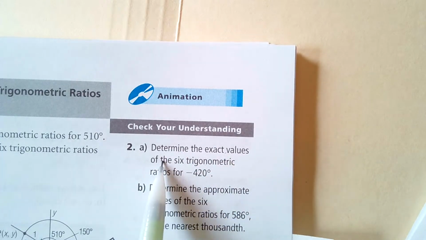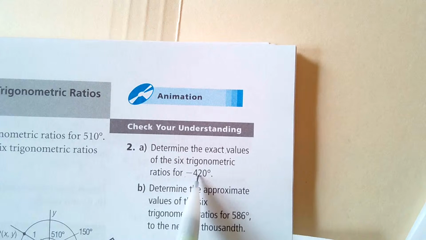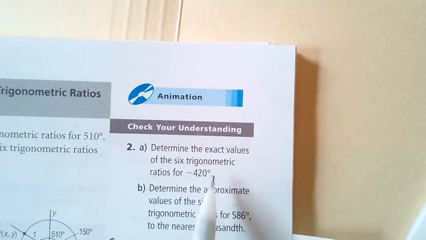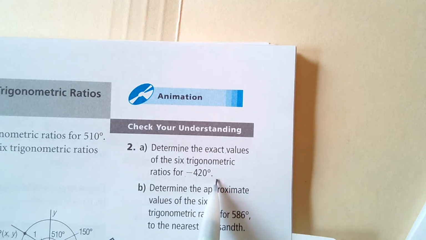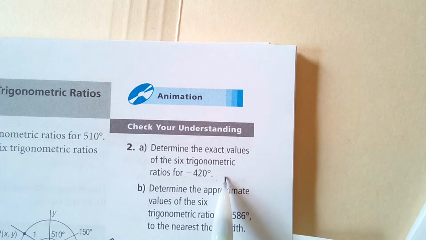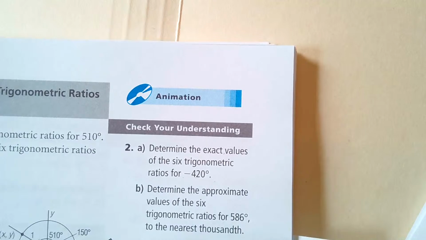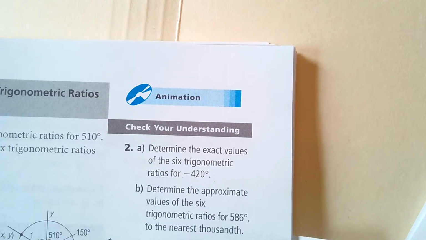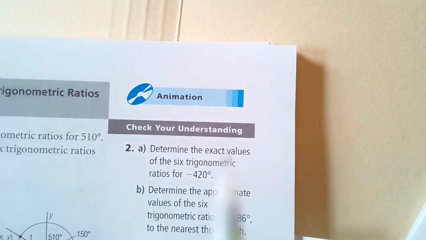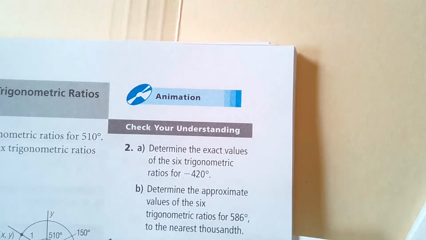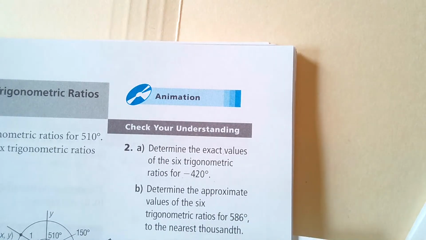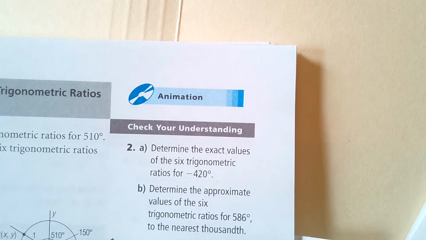Determine the exact values of the 6 trig ratios for negative 420 degrees. So what you want to do here is to find the reference angle. The reference angle would be 60 degrees. Or do a sketch of 420 degrees, and you want to derive the 6 trig ratios. You use a similar method.